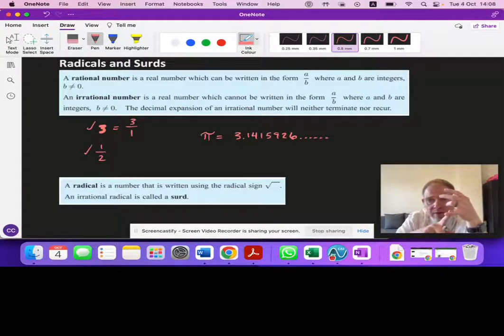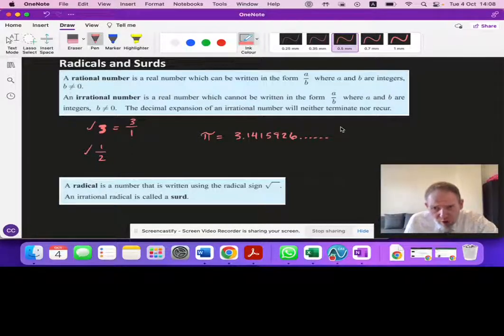It doesn't repeat. We can't make it into a fraction, because in order to write a number as a fraction, the digits eventually have to repeat, or they have to end, they have to terminate. Pi doesn't terminate. Because pi doesn't terminate, we classify it as an irrational number. So it can't be written as a fraction.